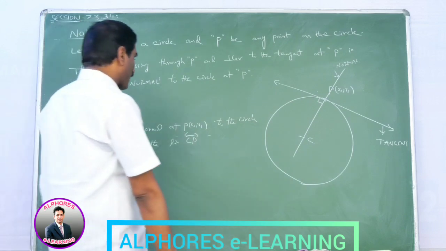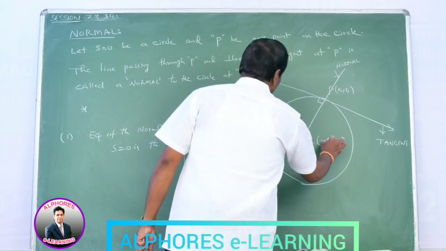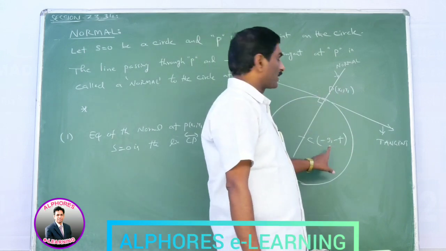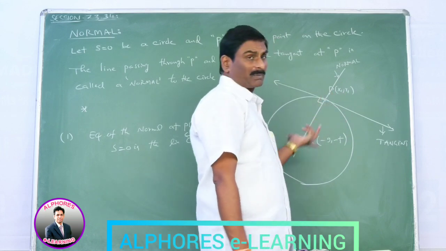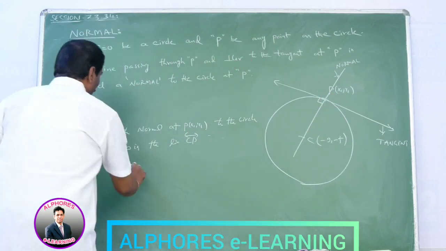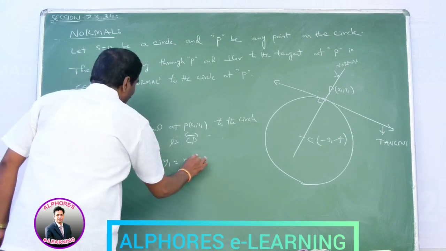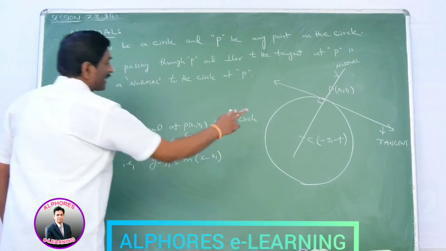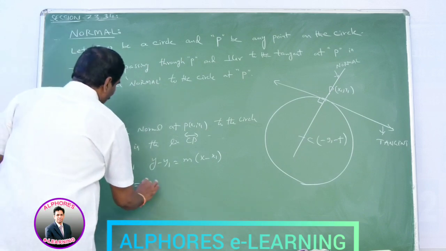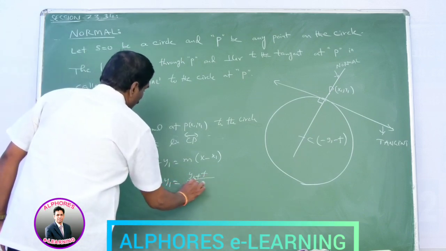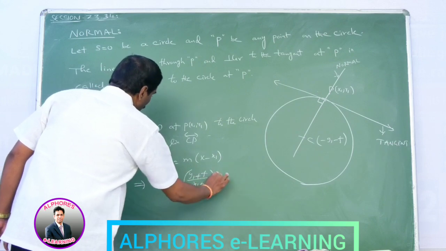C is nothing but the center of the circle, minus g comma minus f. What is the slope? y2 minus y1 by x2 minus x1, that is y1 plus f by x1 plus g. So the equation of the normal is y minus y1 is equal to m into x minus x1, where m is the slope of the line PC. That implies y minus y1 is equal to y1 plus f by x1 plus g into x minus x1.